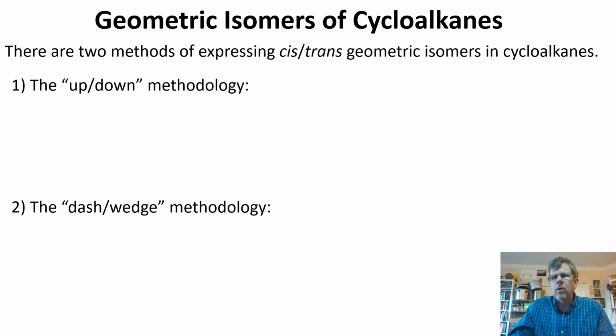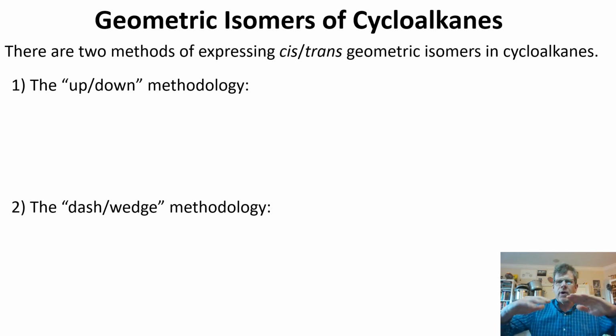So before we go full in on bringing these geometric isomers, the cis and trans terminology, into actual IUPAC nomenclature, we have to express a couple of ways of showing whether two substituents on a ring are cis or trans to one another.